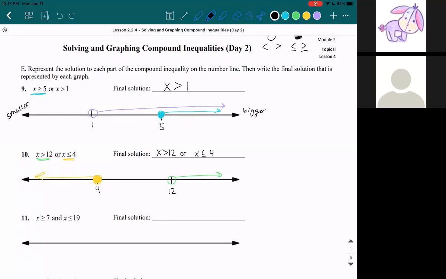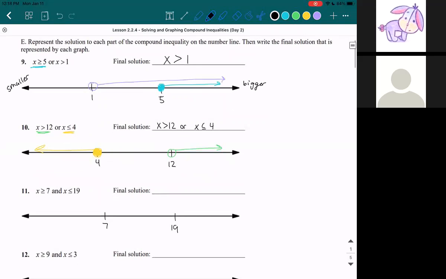Okay, number 11, x is greater than or equal to 7 and x is less than or equal to 19. So this one has the word and. So here's my 7, here's my 19. And then it says x is greater than or equal to 7. So remember, when I have the equal to line, I must fill in my circle. So here it is filled in, and it's greater, so I'm just going to go like that.